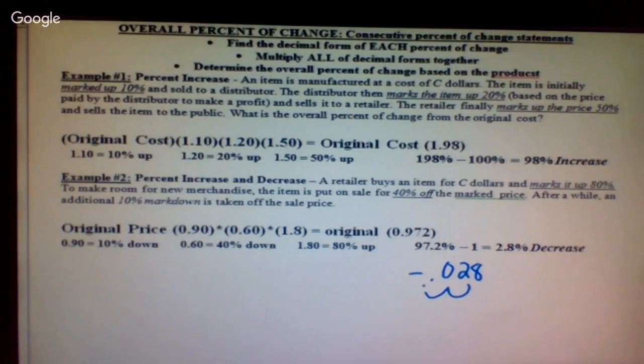I don't see where the 2.8 came from. Oh, because you've got to make it a decimal first. Oh, yeah, they're doing the decimal version. It equals negative 0.028. They're taking the decimal version and subtracting one. I get it. Yeah, I can see where that's confusing, yes.